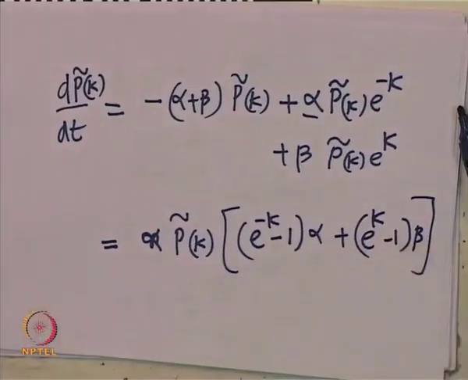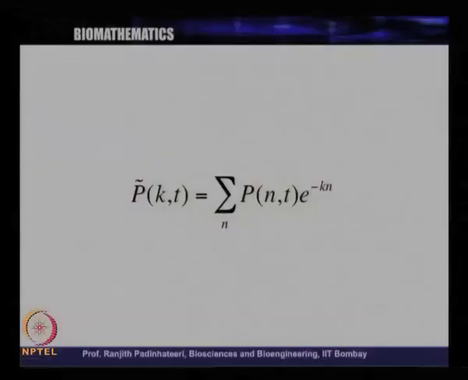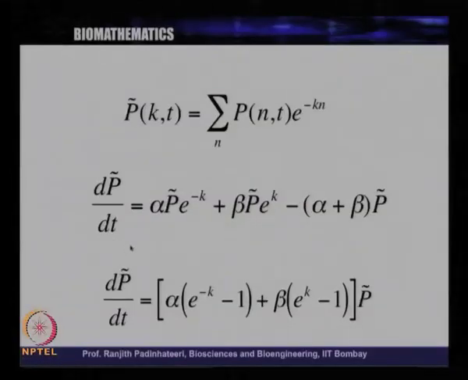So, if you look at this carefully, what you get is that d p tilde by dt is alpha p tilde e power minus k plus beta p tilde e power k minus alpha plus beta p tilde of k. Then, as we just wrote here, this can be written in this particular manner.